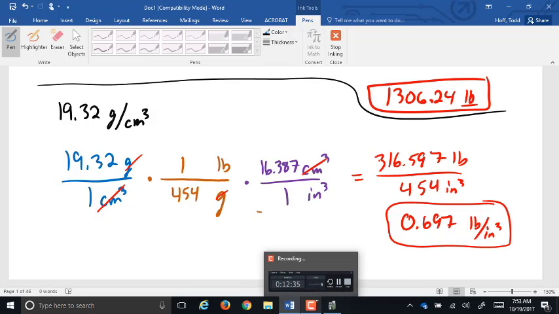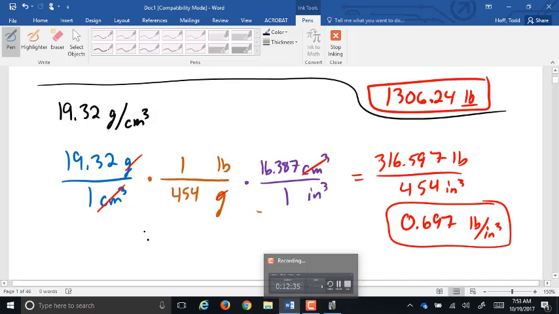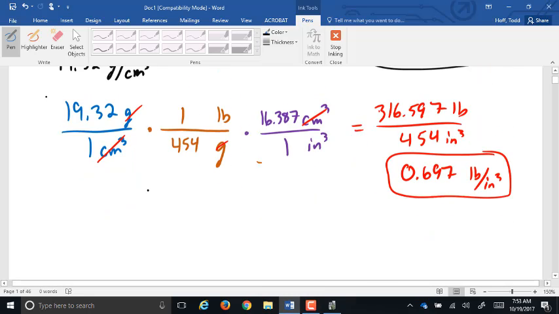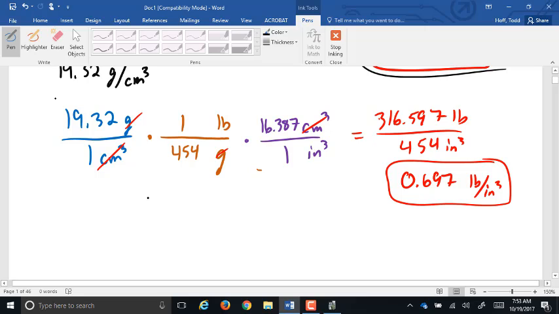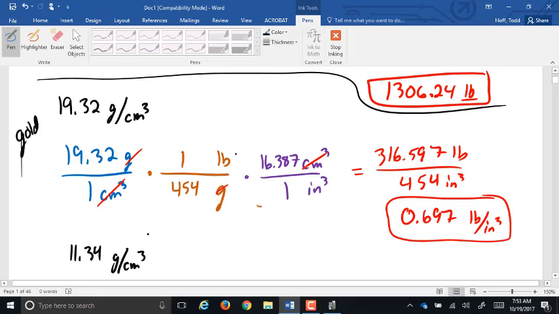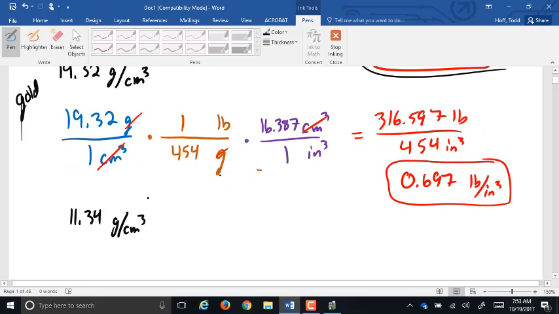Somebody look up lead. I'm going to show you a neat little trick here. Grams per cubic centimeter. A lot of people think lead is heavier than gold. It's not.